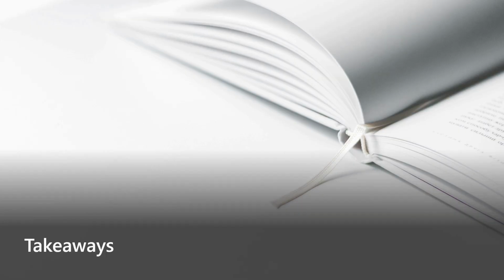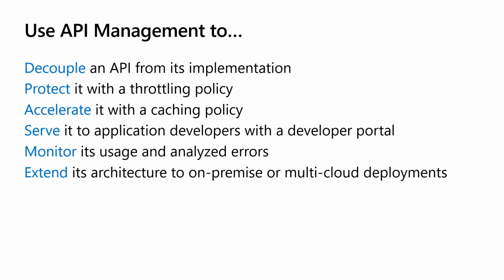We've done it. We were able to use API management to decouple the API from its implementation by importing it into API management. We protected the API with a throttling policy, and we accelerated it with a caching policy.